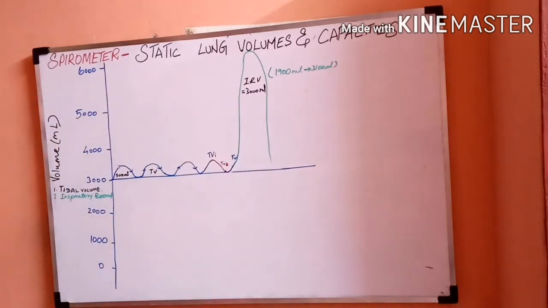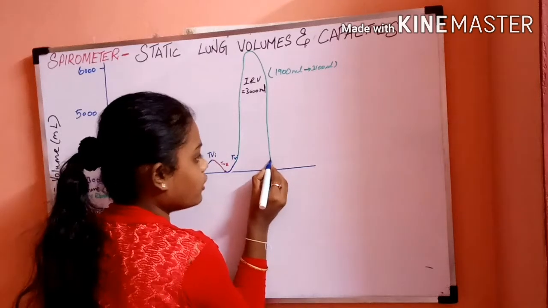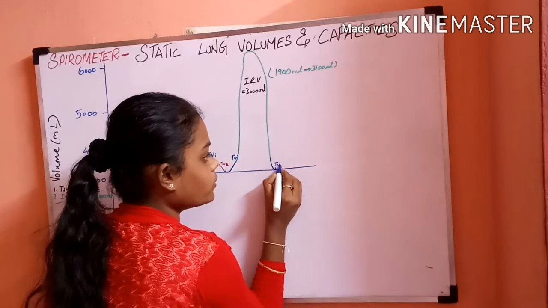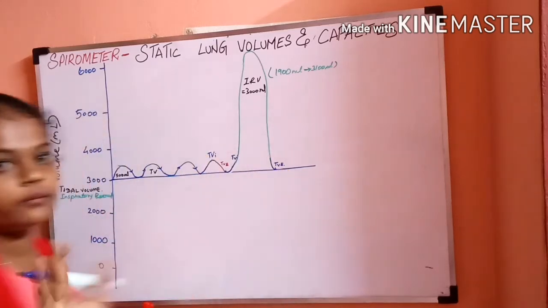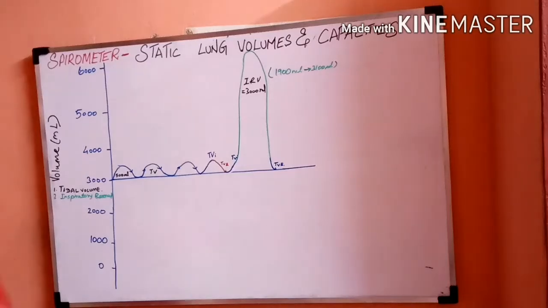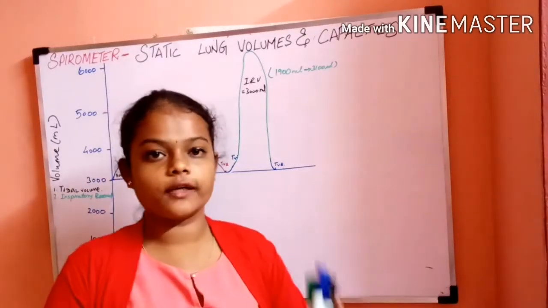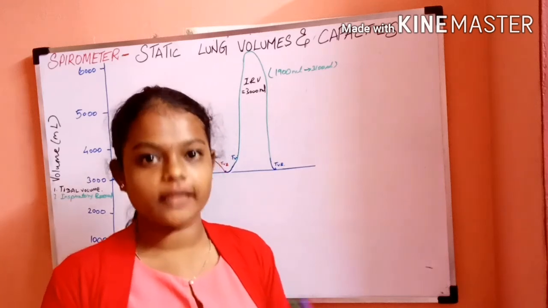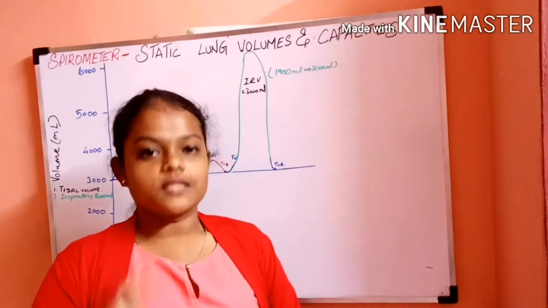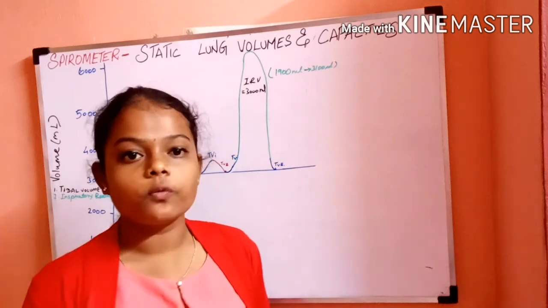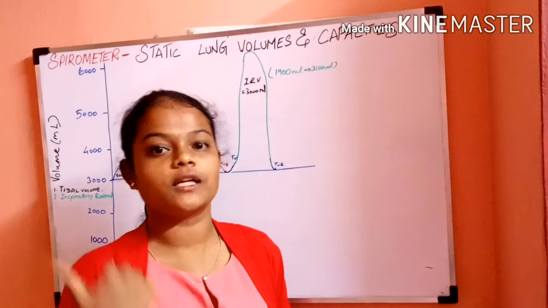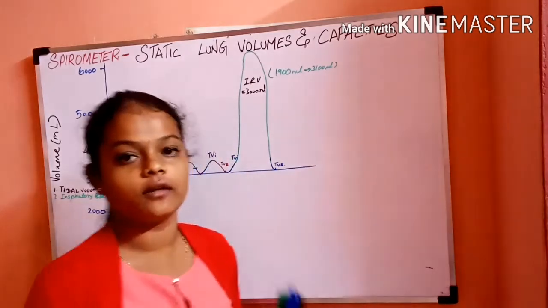Okay, next, now we have expiration, normal expiration. This is tidal volume expiration, right? Understand? Okay, இப்போ நான் திருப்பி ஒரு இடத்துல உட்காந்து breathing பண்ணிட்டு இருக்கேன். This is tidal volume, this is inspiratory reserved volume. Next, forceful expiration. This forceful expiration என்னன்னு சொல்வாங்க?